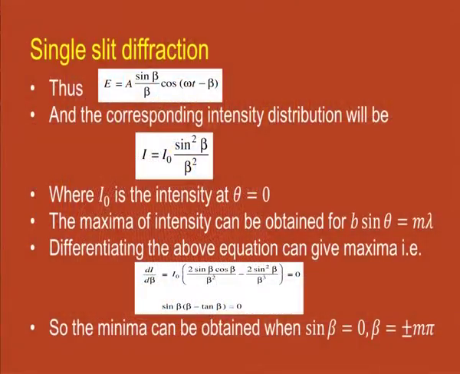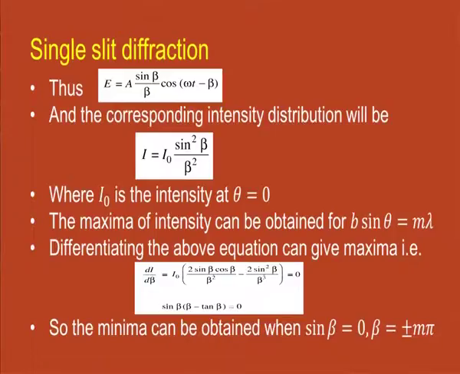Thus, the expression for the field is now E = A (sin β/β) cos(ωt − β), and the corresponding intensity distribution will be I = I0 sin²β/β², where I0 is the intensity at θ = 0.